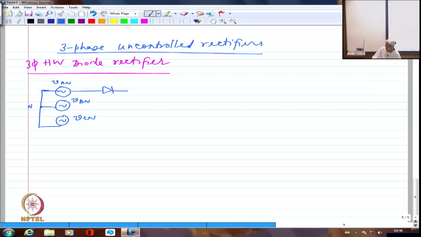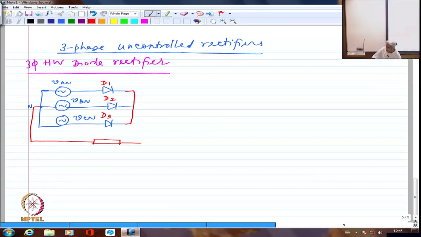So I'm going to have one diode here, second diode here, and third diode here. Let me call this D1, this D2, this D3, right? And then finally from the neutral, I'm going to connect a load which is also connected to this star point like this.